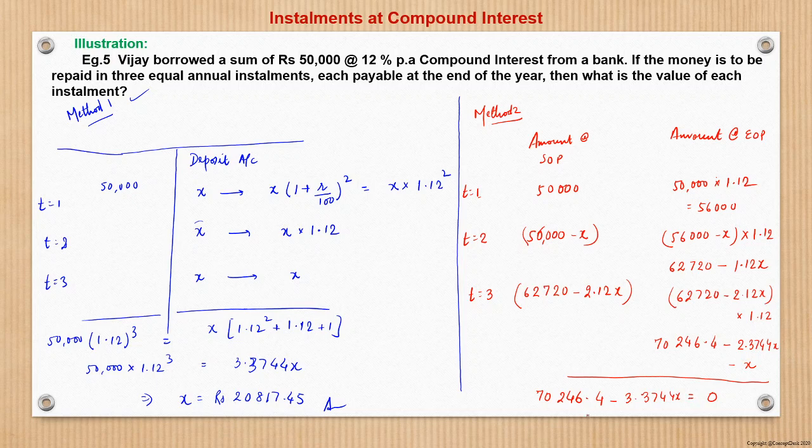If we solve this, I just check here, 70,246.4 divided by 3.3744 gives me x equal to 20,817.45, right? So same as what we had got here.